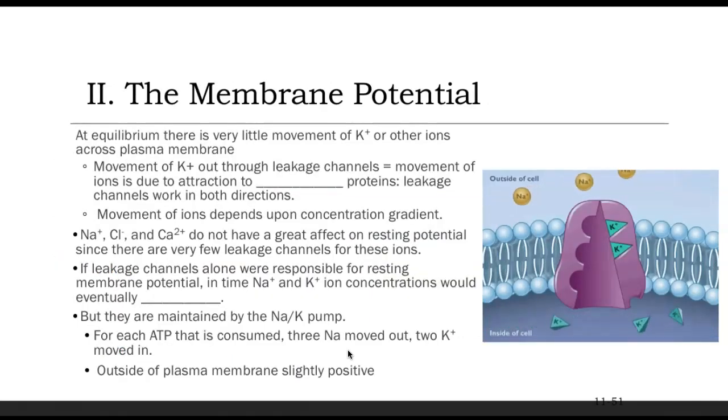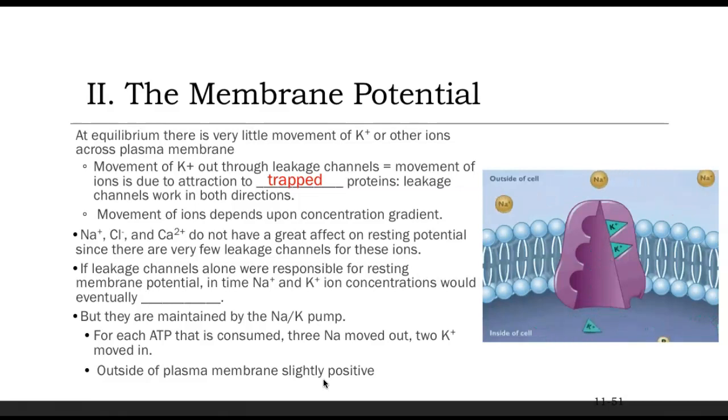At equilibrium, we're going to see little movement of the potassium and other ions across that plasma membrane. We will have movement of potassium out through the leakage channels, and movement of ions is due to the attraction of those trapped proteins. But we know that we have leakage channels that are working in both directions, and the movement of the ions really depends upon a concentration gradient.